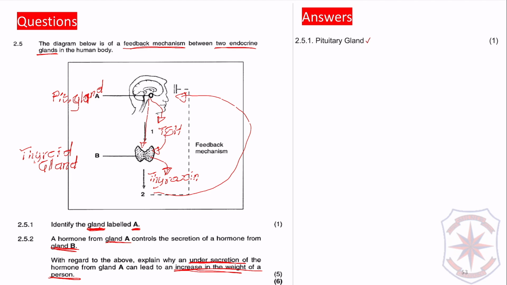Under secretion of the hormone that is secreted by gland A. So when there's a lack of thyroxin, how can that contribute to a person having a weight gain? Now let's talk about the function of thyroxin with regards to weight. Remember what we said. We said that the function of thyroxin is to break down glucose.